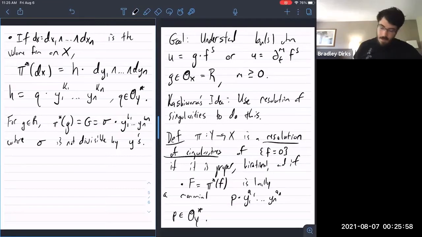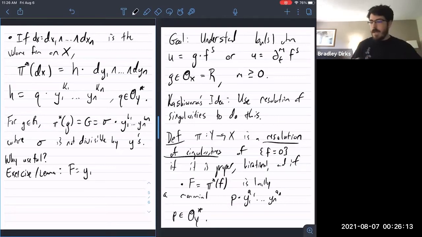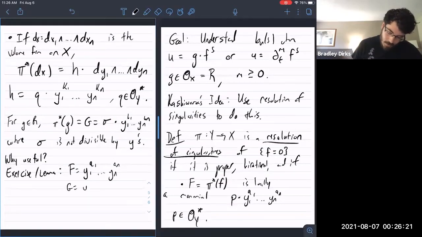Okay, so why is this useful? I'm going to leave this as an exercise / lemma. Right, so let F be, I'm going to ignore that unit part, the invertible element, for now. So we look at this monomial, and G is y1 to the b1 through yn to the bn.